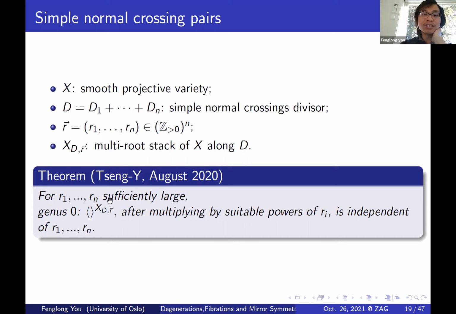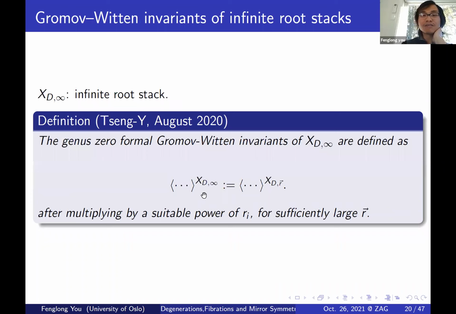We can consider this orbifold, called a multi-root stack, and when these roots are sufficiently large, this orbifold invariant becomes independent of r, and it has a limit. We define this limit as a formal Gromov-Witten invariant of this infinite root stack. You can consider this as a Gromov-Witten theory for this simple normal crossing pair.